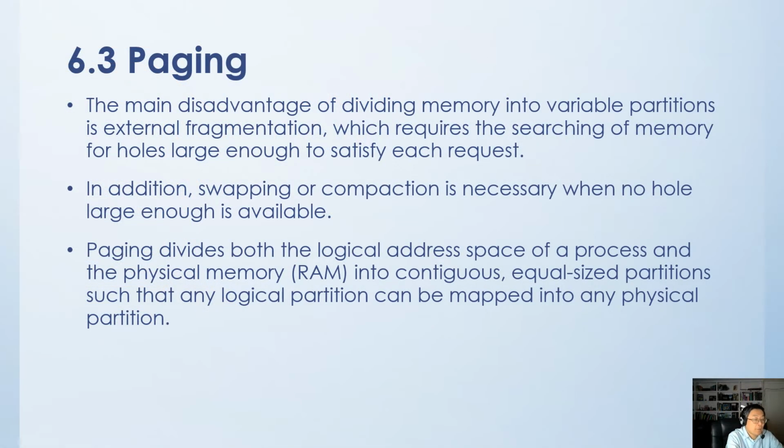The main disadvantage of dividing memory into variable partitions is external fragmentation, which requires searching memory for holes large enough to satisfy each request. External fragmentation will eventually result in the loss of usable memory space. There are two options people can use to resolve external fragmentation. One is swapping.